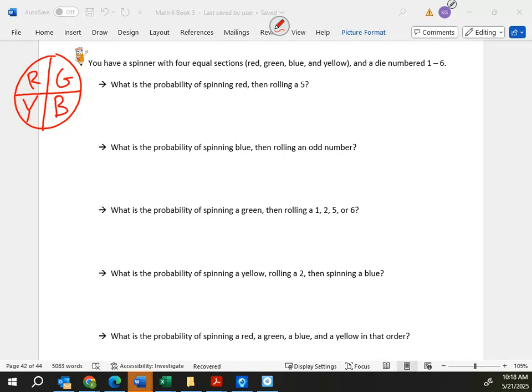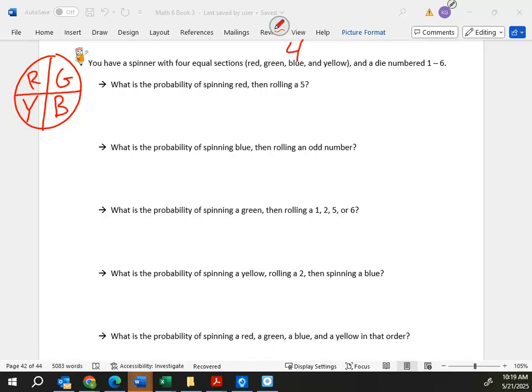It's gonna be the same idea. Instead of drawing the marble out of the bag, you're spinning the spinner. What's it gonna land on? So we also have a die numbered 1 to 6. So how many total possible outcomes are there for the spinner? Lila? Oh, 4.